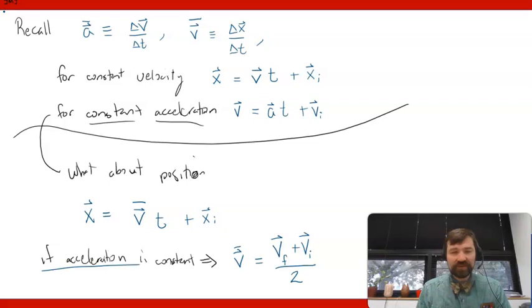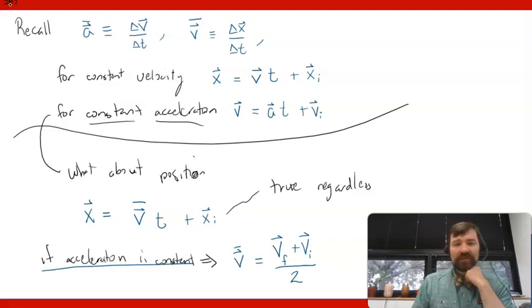This only works if the acceleration is constant, by the way. If the acceleration is not constant, then this equation is actually not true. This equation right here is true regardless.